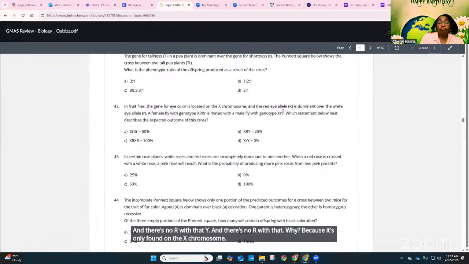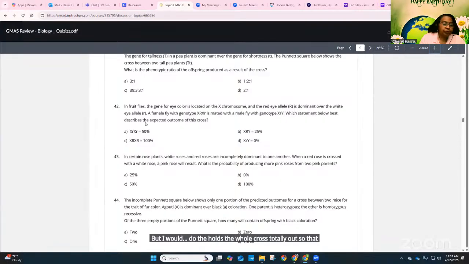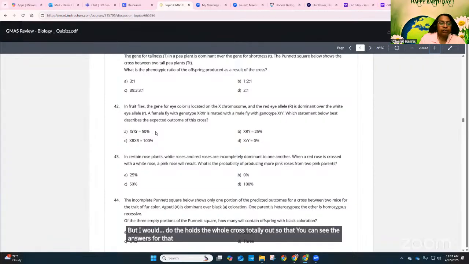Okay, so you can guess at it if you want to, but I would do the whole cross totally out so that you can see the answer for that. Okay, and the answer is A.